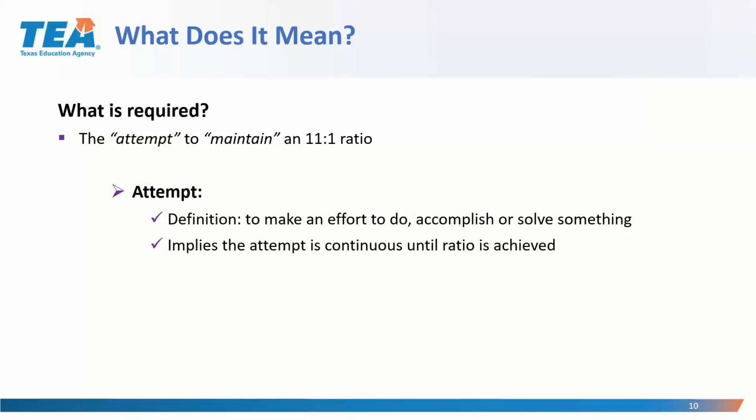When you look up the definition for attempt, it means to make an effort to do so, to do something, to accomplish something, or to solve something. You're making an effort. And it implies that the attempt is continuous until the something is achieved. So in this case, it would be until the ratio is achieved.